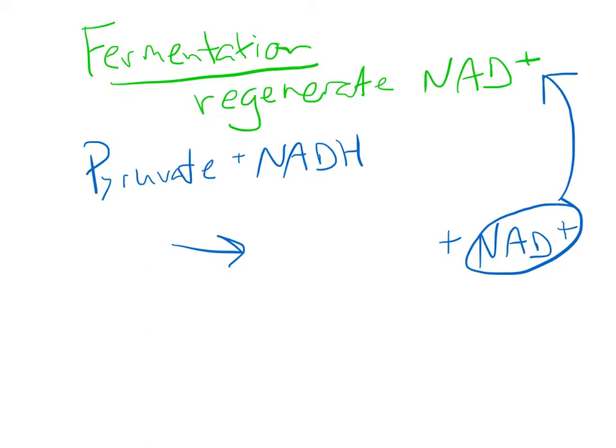Now that waste product can be a couple different things. If you have yeast, yeast are going to generate alcohol. And that's what would have happened with our sodas that we made if we let them go long enough. Now, in humans, you're going to get something slightly different. Humans are going to generate lactic acid in their muscles. Why the difference?